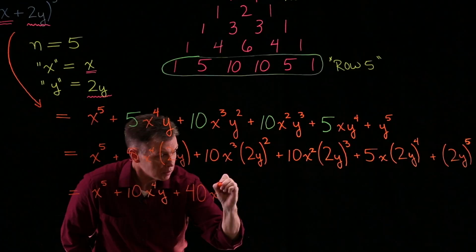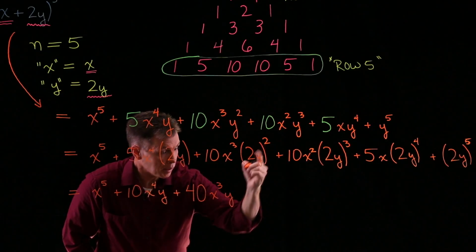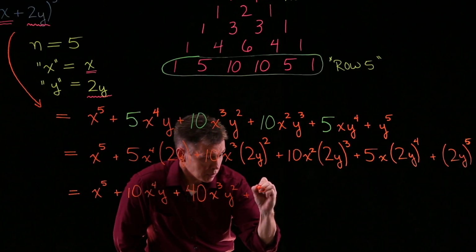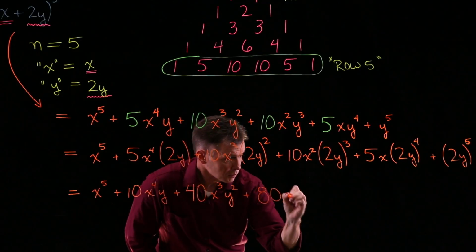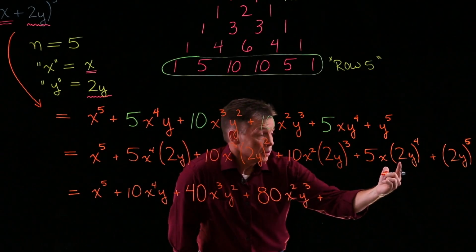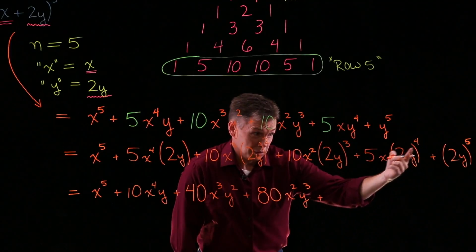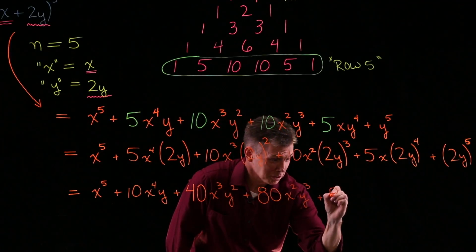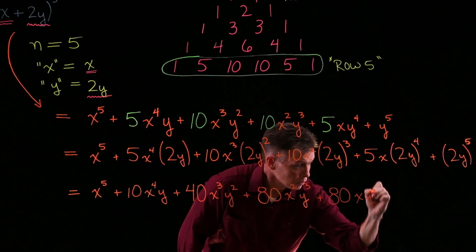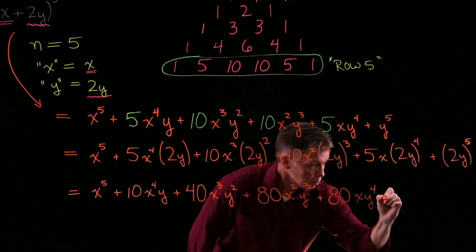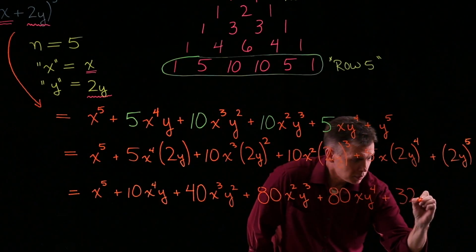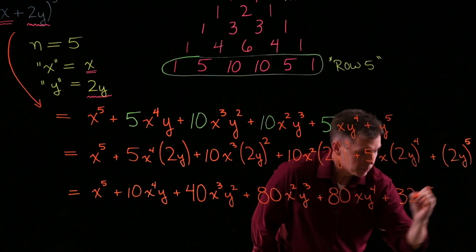x cubed, and the y does get a 2 power, plus 2 to the 3 power is 8 times the 10, 80. x squared, y cubed, plus 2 to the 4th power is 16. 16 times 5, I think I'm getting 80. x to the 1 power, y to the 4th power, and then plus, last term, 2 to the 5th power, that's 32, and y to the 5th power.